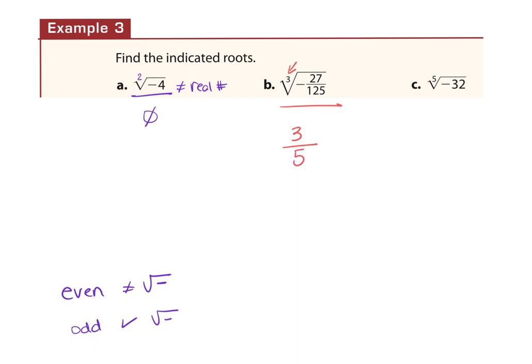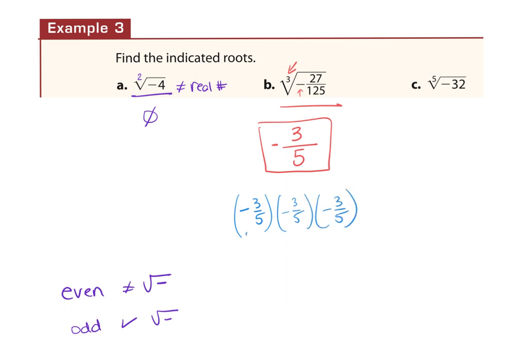And because I need my answer to be negative, this is going to be negative. And so this is going to be the cubed root of -27 over 125 equals -3/5. And you can check it. If you said -3/5 times -3/5 times -3/5, negative times negative times negative is going to give me a negative answer. 3 times 3 times 3 is 27. 5 times 5 times 5 is 125. So this is the correct answer.